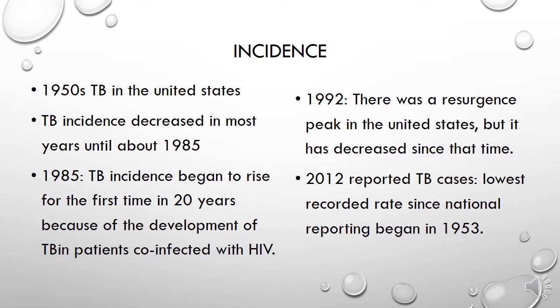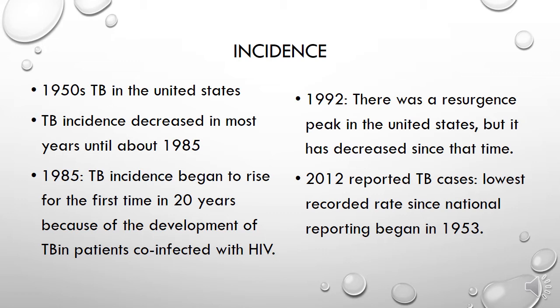We can see these kind of waxes and wanes in the incidence of TB. From the 1950s, that kind of post-World War period, where lots of herd lines were crossed, we saw a big rise in TB across the nation. Then it decreased until about 1985. Again, TB came back more as that kind of opportunistic infection in immunocompromised patients that were also infected with HIV.